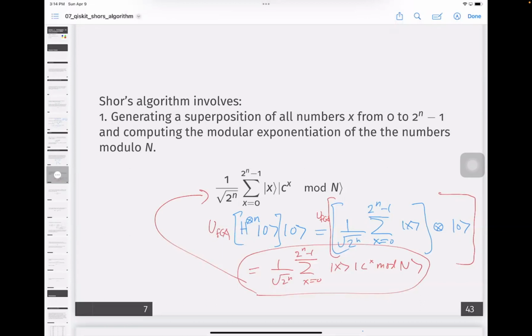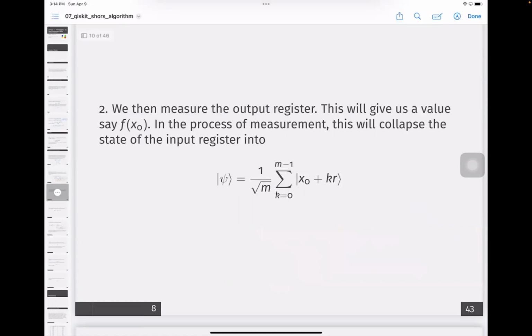Now, after putting the input and output registers into this superposition, the next thing we'll do is measure the output register.